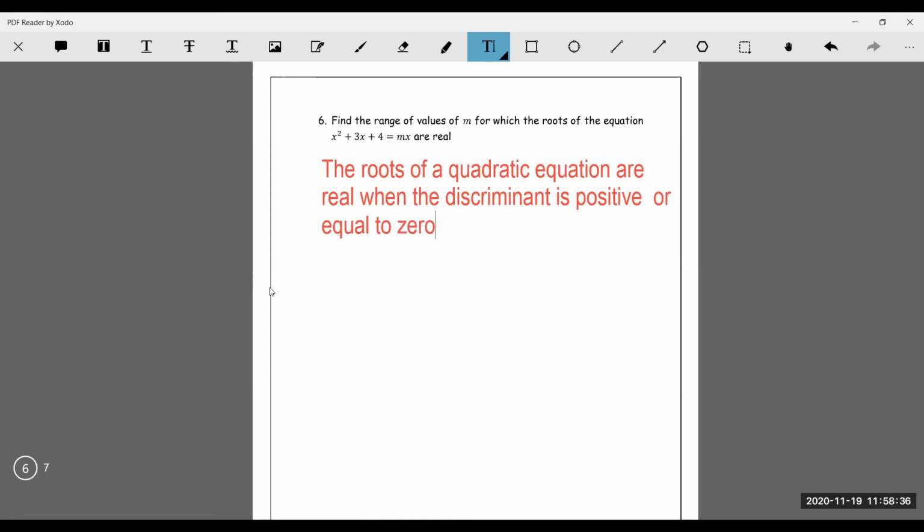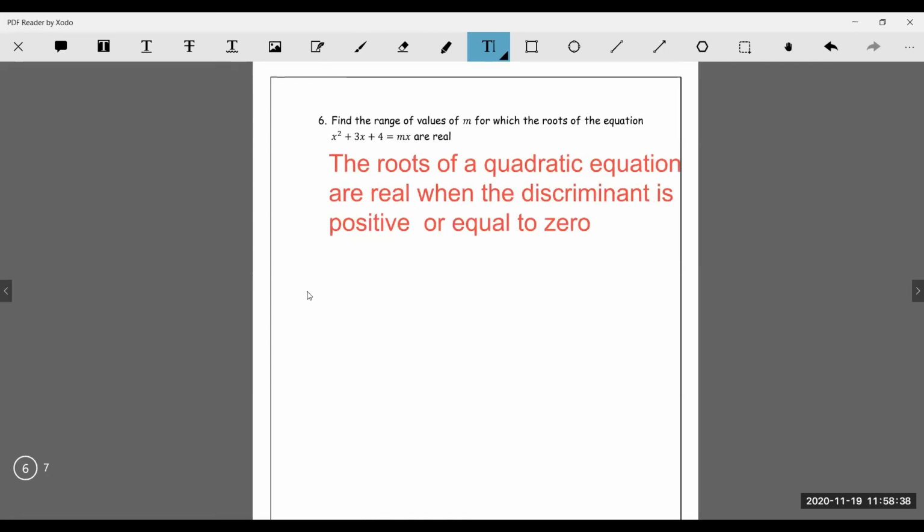All right, so that's when the roots of a quadratic equation are real. When the discriminant is positive, we're going to get two real and distinct roots. But when it's equal to 0, we get real but equal roots.